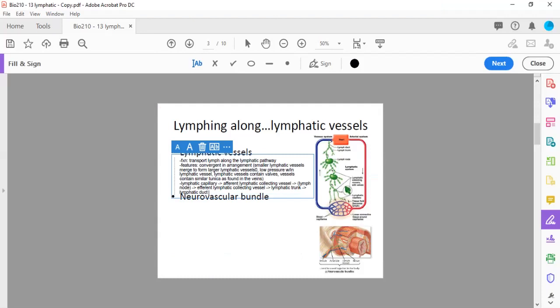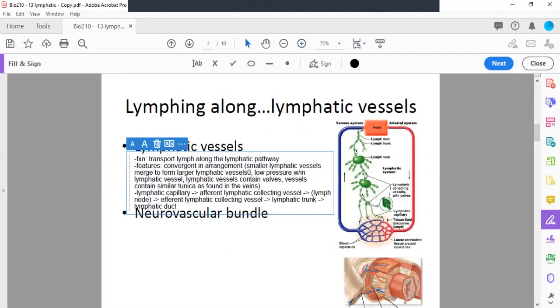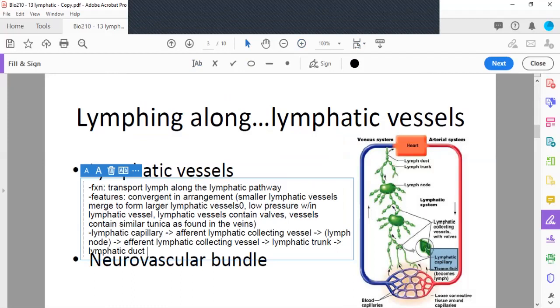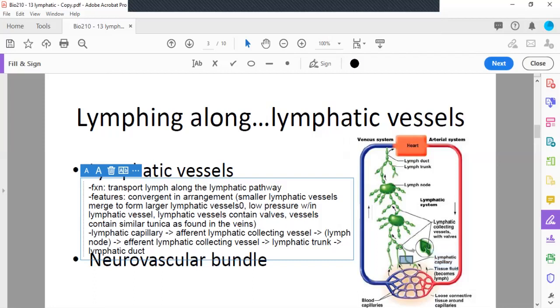Let's refer to the image on the right. Everything begins with the lymphatic capillary. I'm going to zoom in. From the lymphatic capillary, it goes into the afferent lymphatic collecting vessels, and you can actually see the small little valves here, which drain into these tiny lymph nodes that we have.